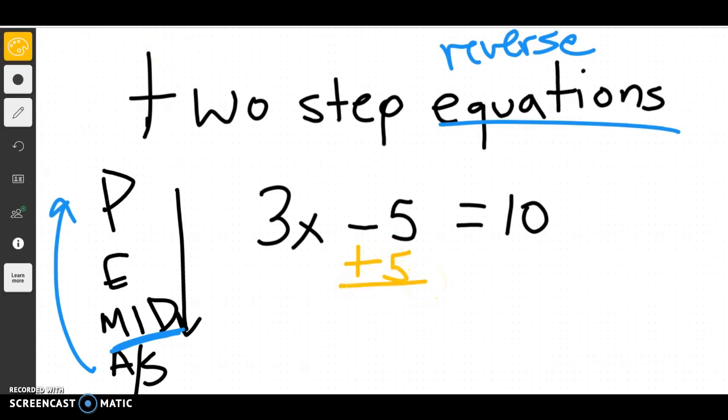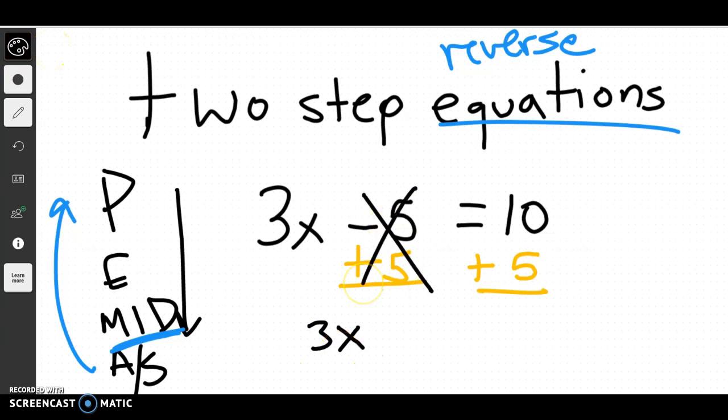I can't just add 5 to a side without balancing the equation, so I have to add 5 to the other side, which will give me 3x. This will cancel out, and this will give me 15. Now I still don't have x by itself, so we deal with the next operation, which is multiplication.